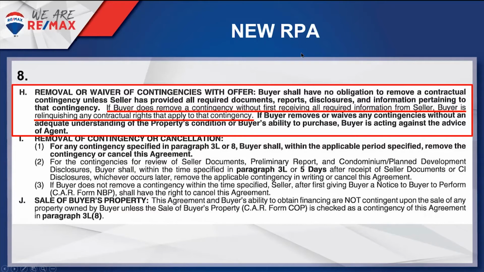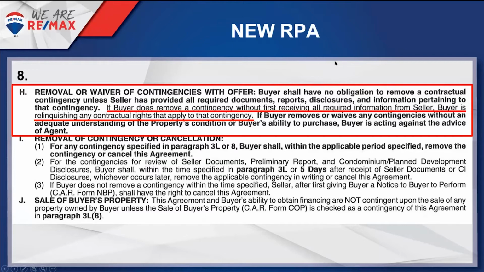But if the buyer removes a contingency for HOA documents, or the buyer's investigation of property, and then gets a disclosure like the HOA disclosure, or gets an SPQ, and talks about something that's not part of the TDS, that would not reinstate the contingency.